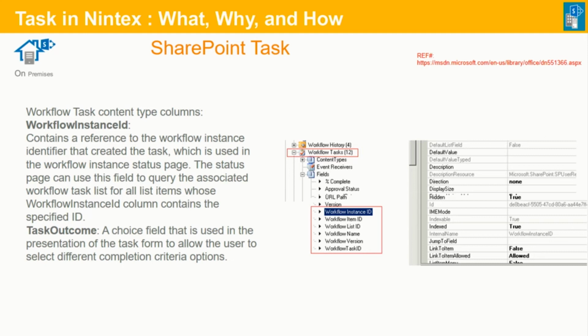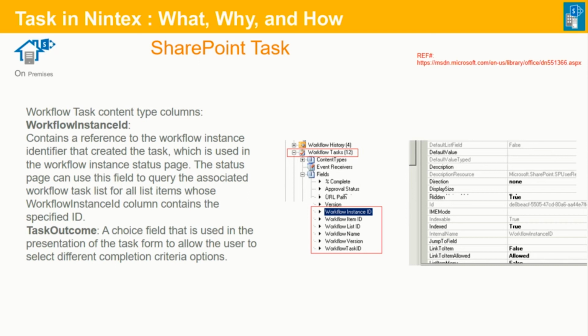The content type of the workflow task has a special column called the workflow instance ID, and that column is there from Microsoft SharePoint to understand that this task is related to that workflow. So when the workflow says, okay, I'm going to approve my task, that column is very special.